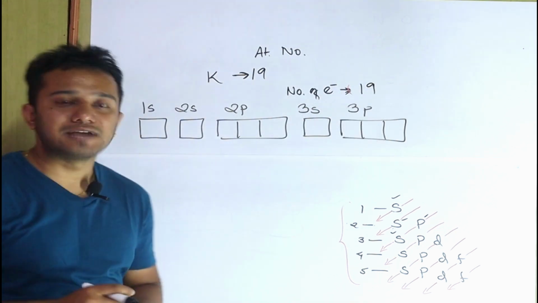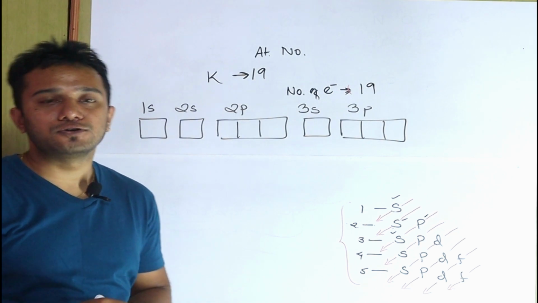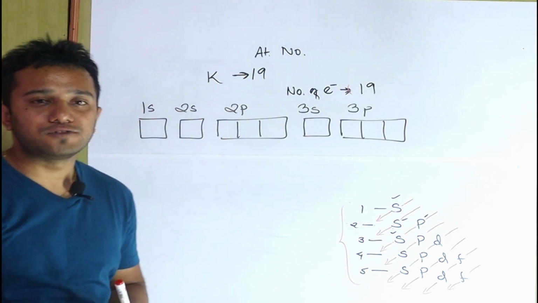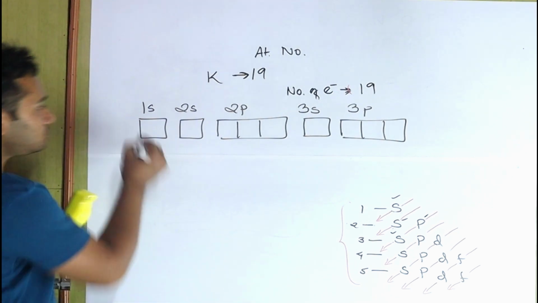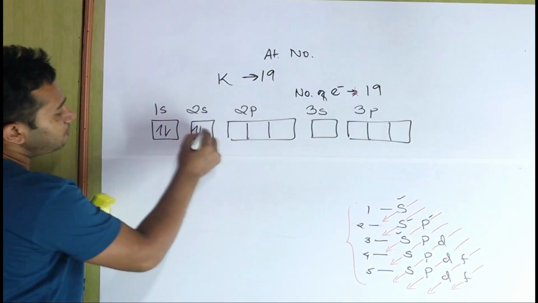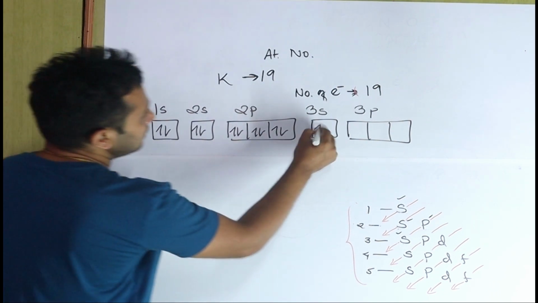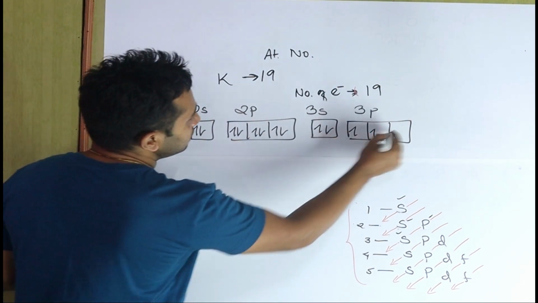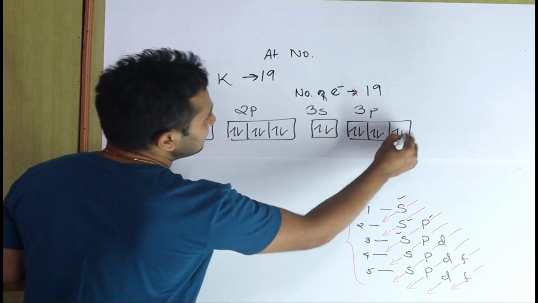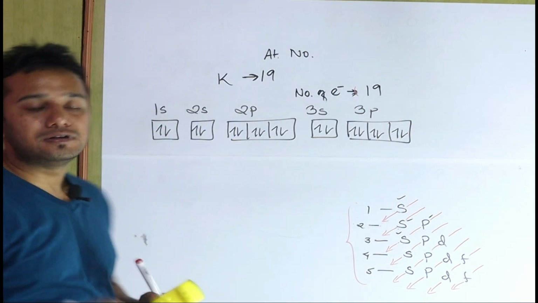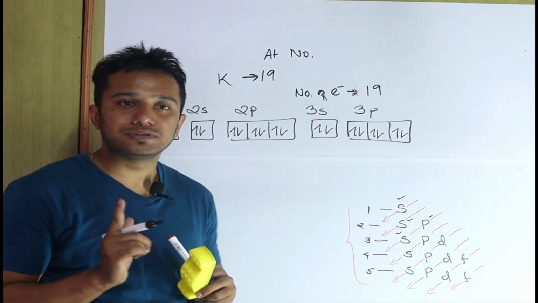Potassium atomic number is 19 and the number of electrons is also 19. So we'll try to fill the 19 electrons: 1, 2, 3, 4, 5, 6, 7, 8, 9, 10, 11, 12, 13, 14, 15, 16, 17, 18. I have filled 18 electrons, so one more electron is left.